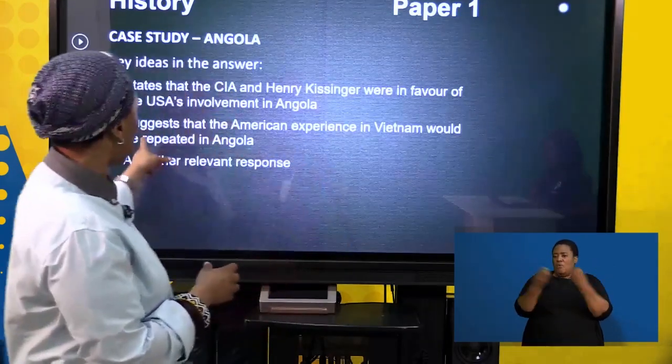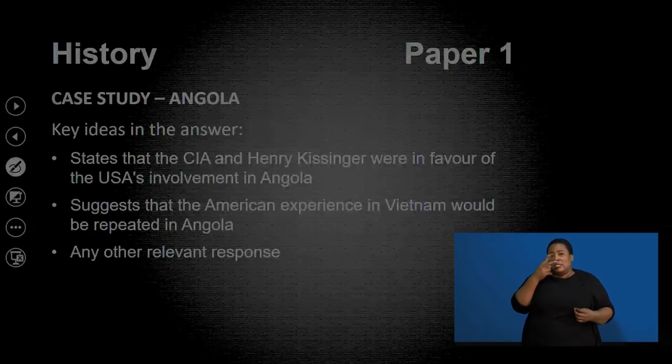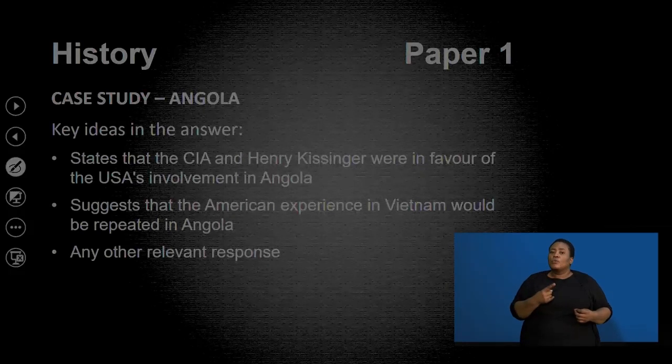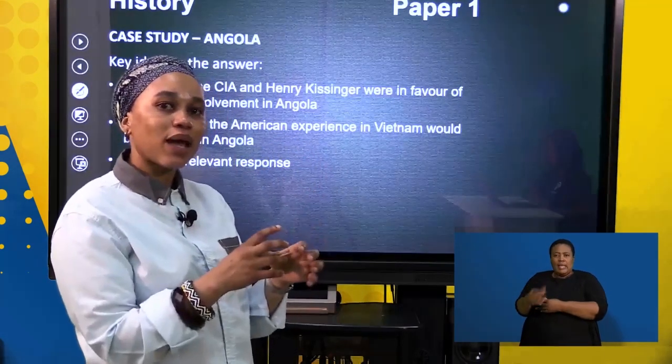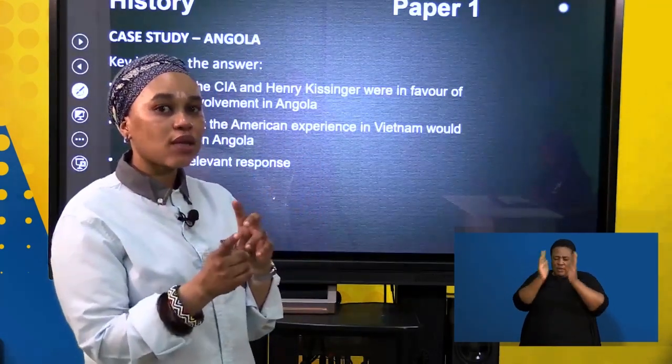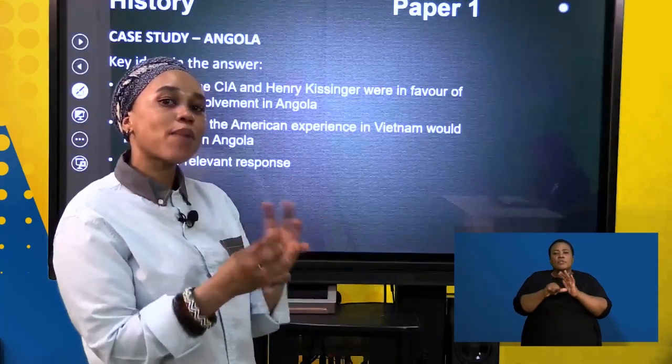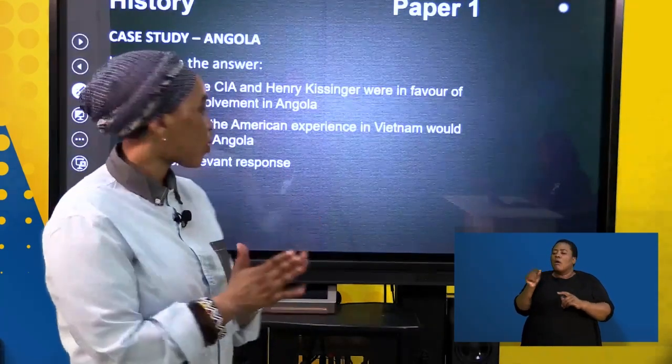So as you can see in this response here, it suggests that the American experience in Vietnam would be repeated in Angola. Even if you don't know all the details of what happened in Vietnam, it's important for you to see that the cartoonist is making the comparisons. Okay, so that is very important.